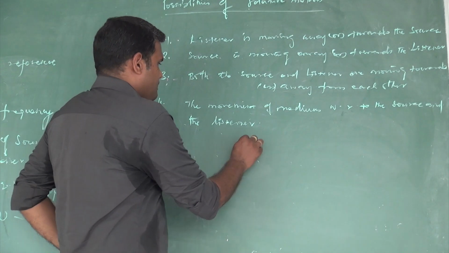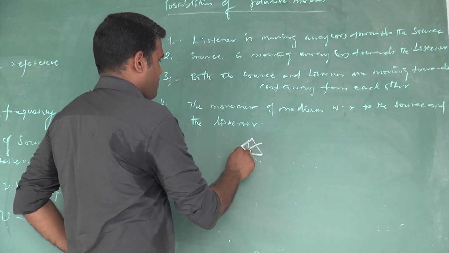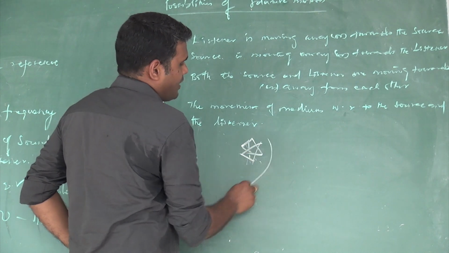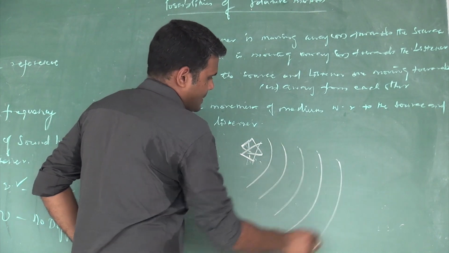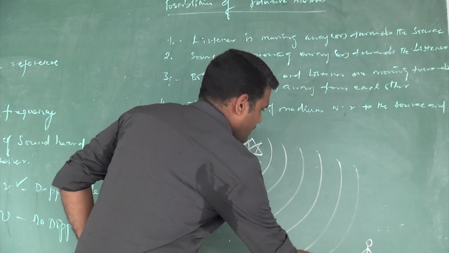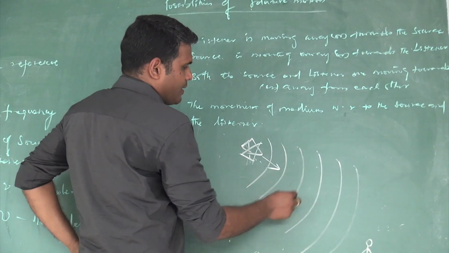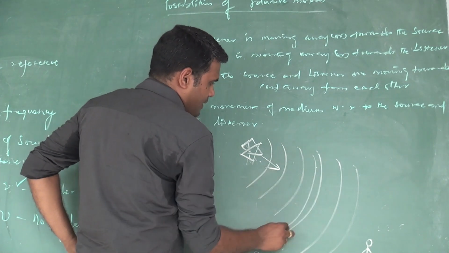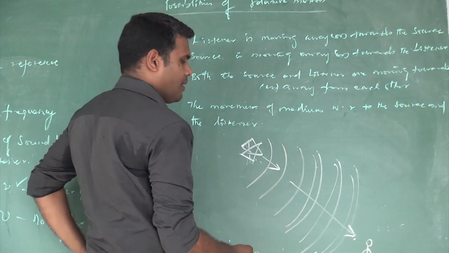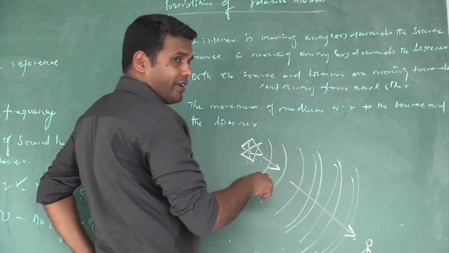A star which is emitting light waves is observed by an observer on the earth. If the star moves towards the observer, there will be a bunching of light waves as it approaches the observer. So what happens is that there is an increase in the frequency of light waves.